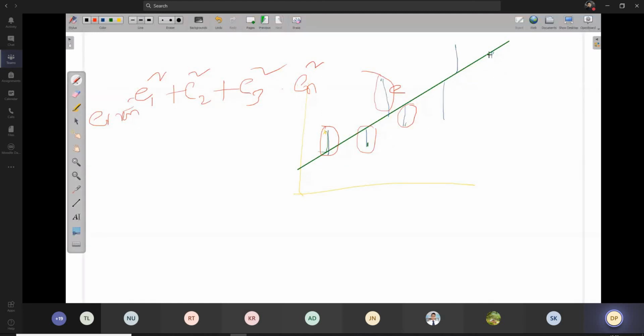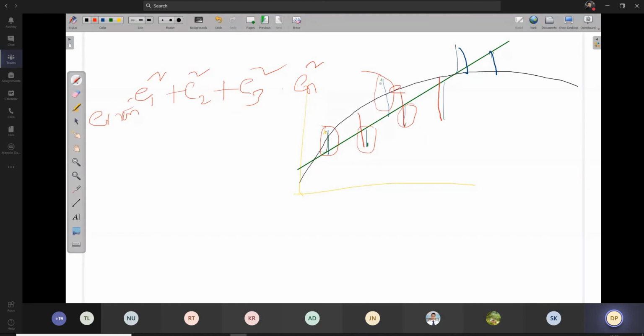Okay, so what I have shown here is for a straight line. Similarly, somebody could draw a curve like that, and find out what the error is here. So you can check the error for this point, this point, and this point.